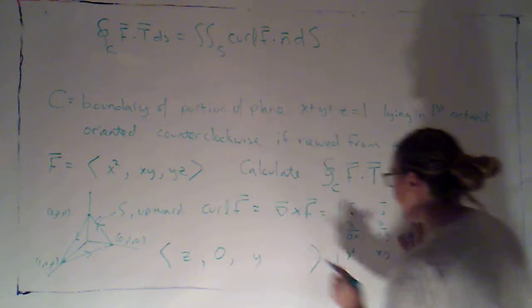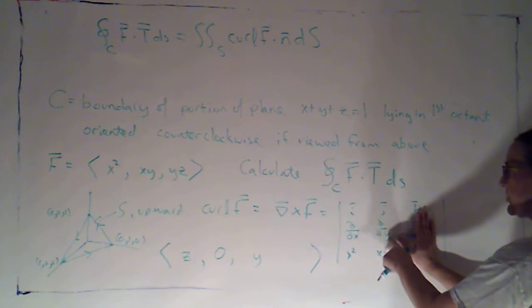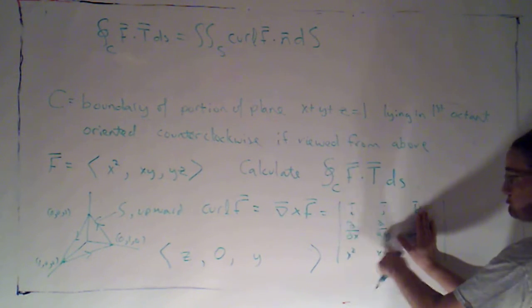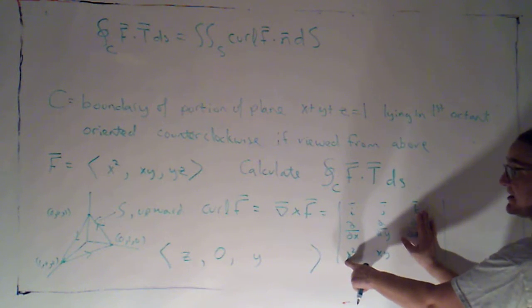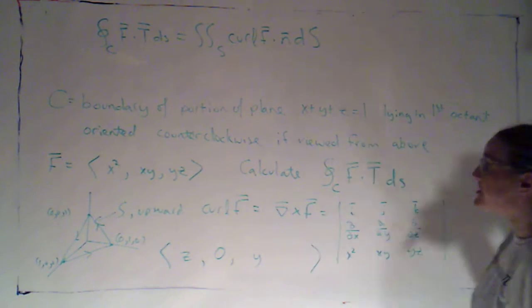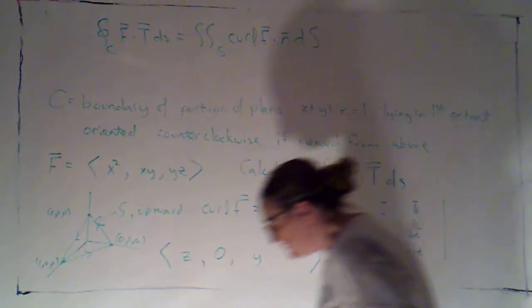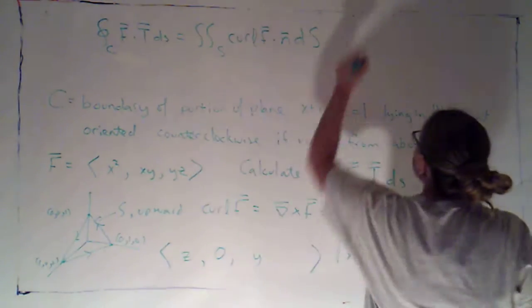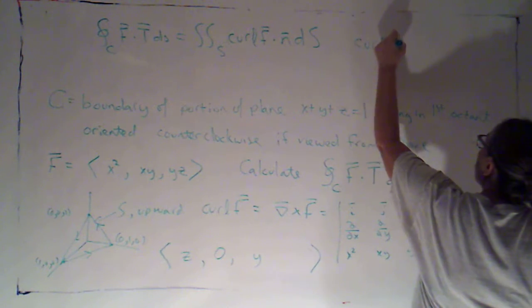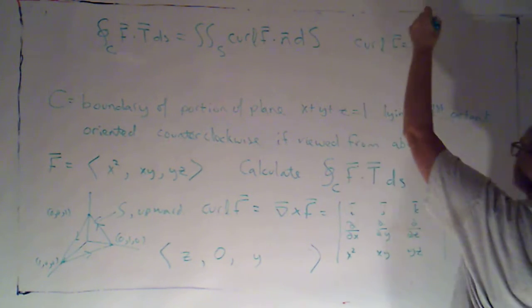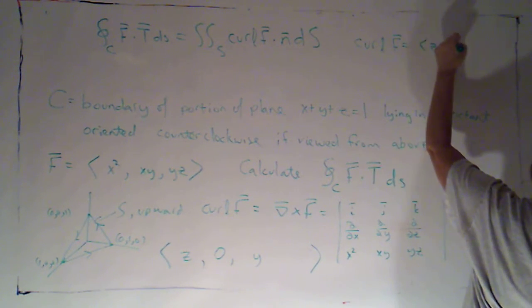That's going to be y. Minus the partial with respect to y of x squared. That's 0 because there aren't any y's there. Okay. So there's the curl of F. And so now, let me just write that down up here. Curl of F is (z, 0, y).